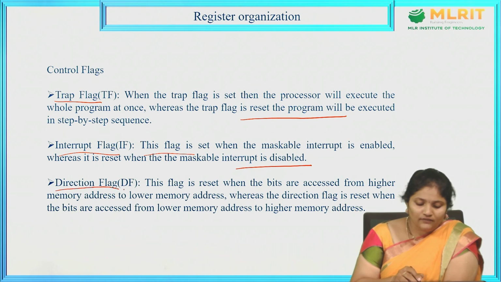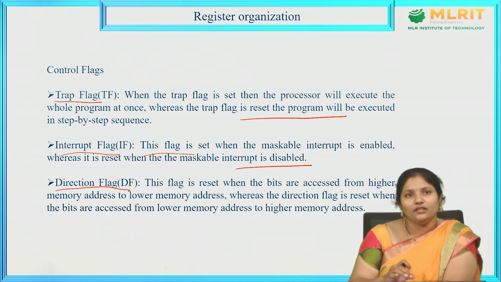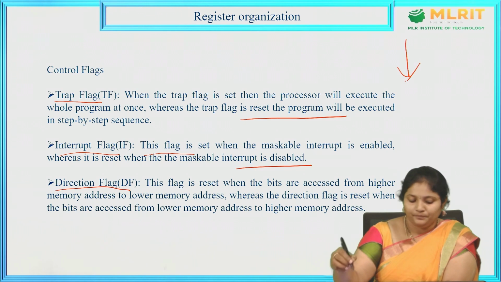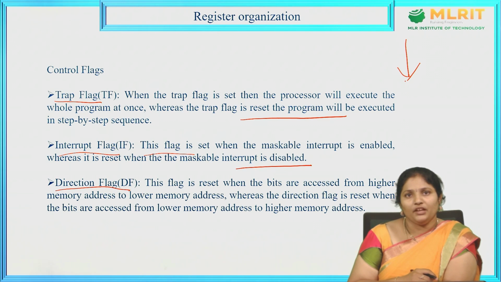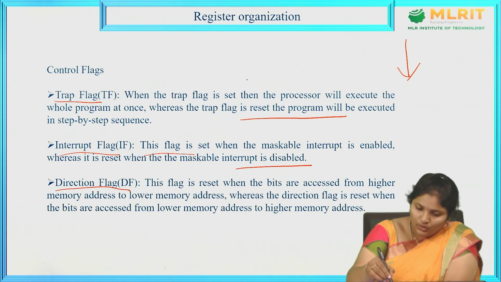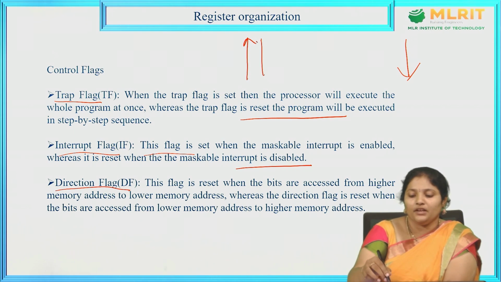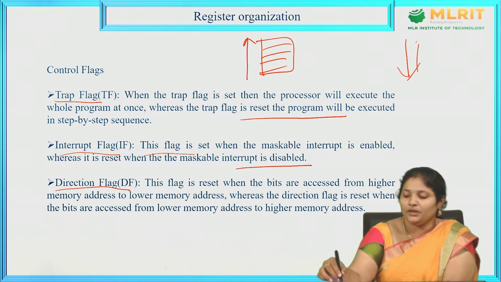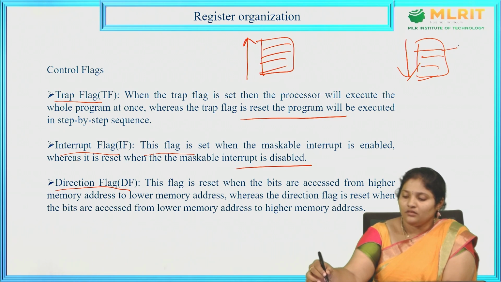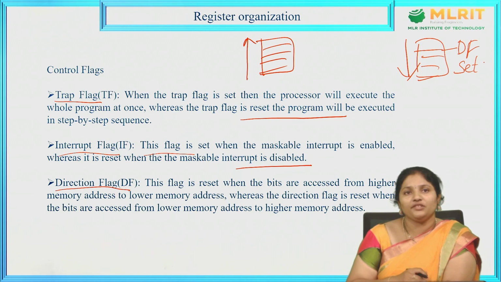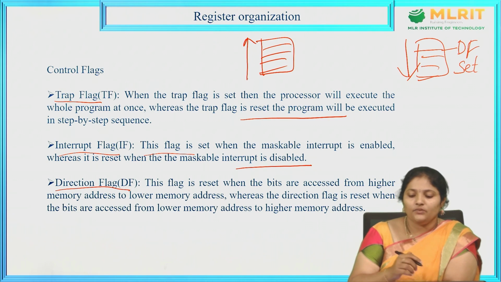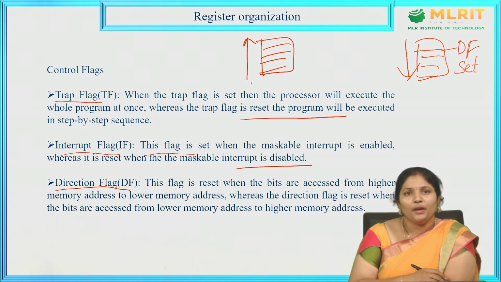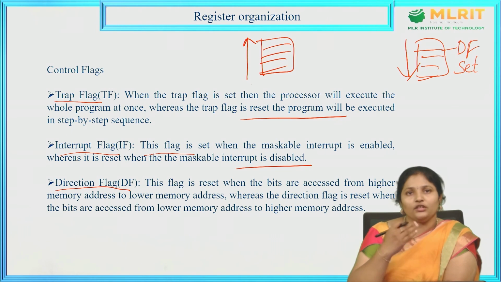The direction flag is set when the bits are accessed from higher memory addresses to lower memory addresses, whereas it is reset when the bits are accessed from lower memory addresses to higher memory addresses.